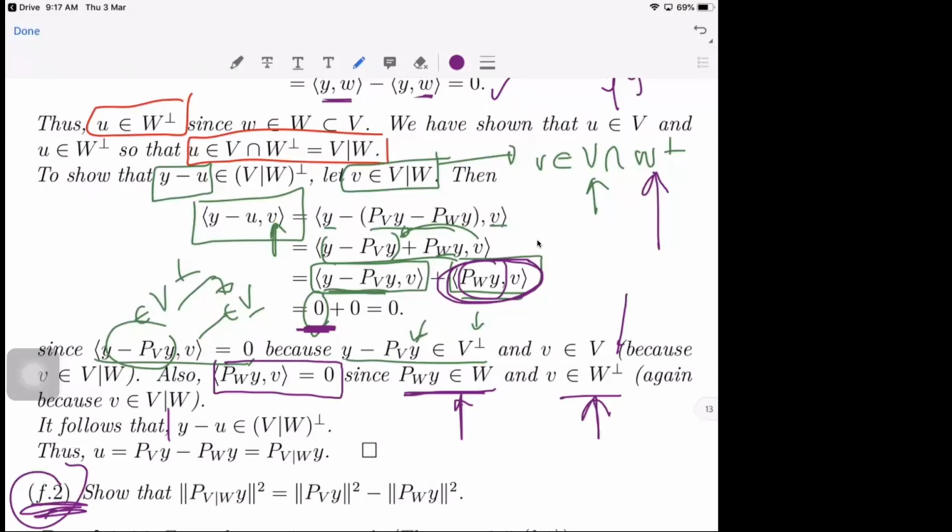So we have shown that if V is in V mod W, then Y minus U is in V mod W perp.